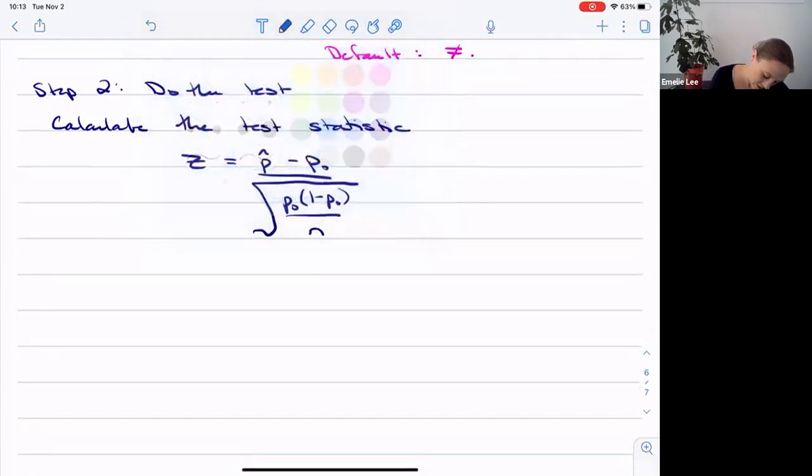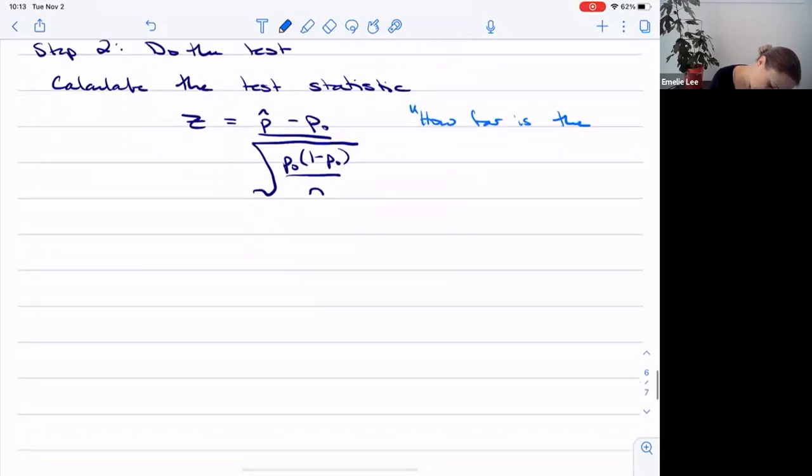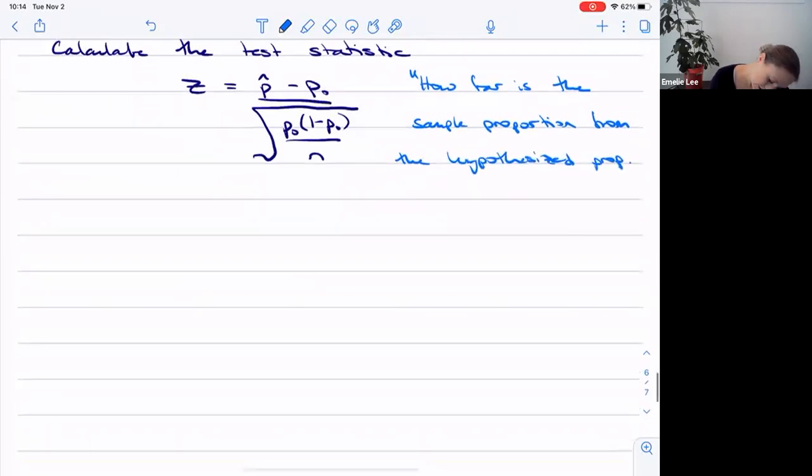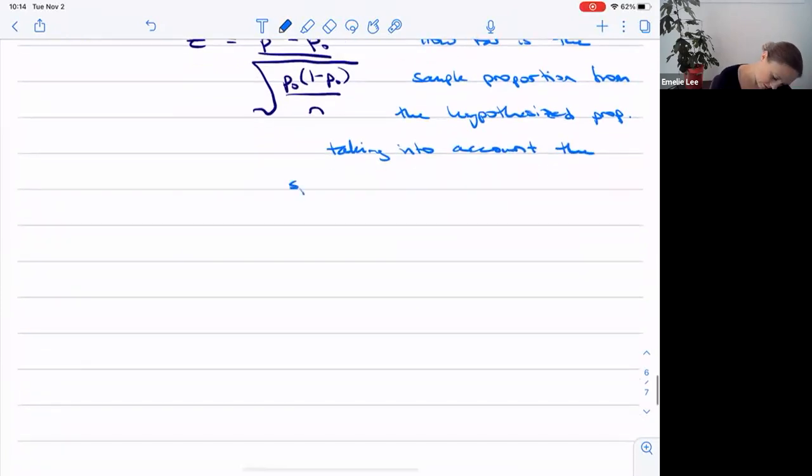Okay. So here we're seeing how far the sample proportion is from the hypothesized proportion, taking into account the spread of the sample proportion.